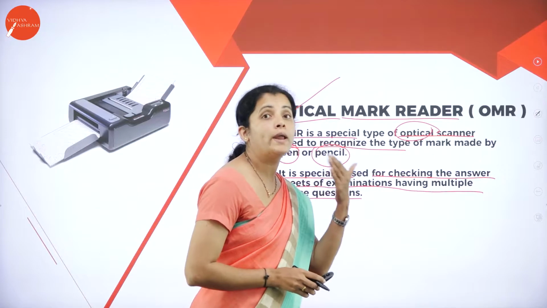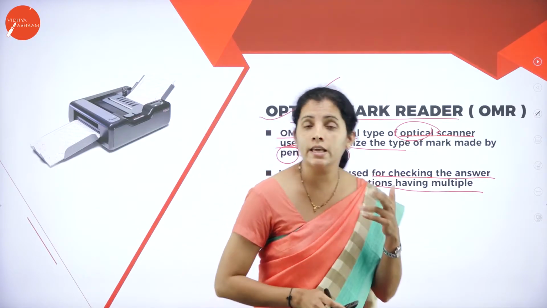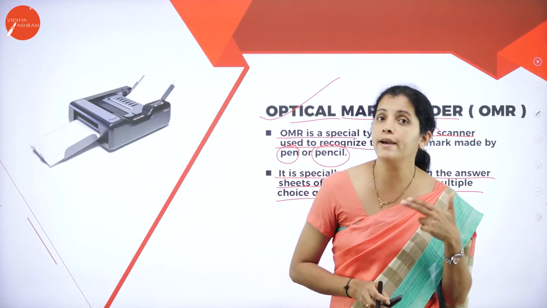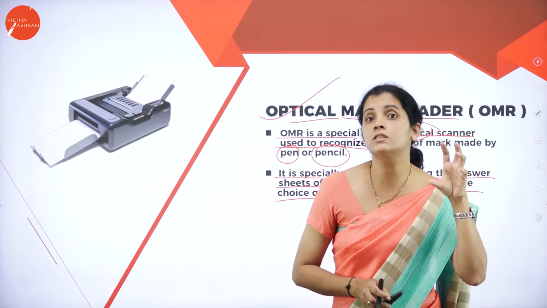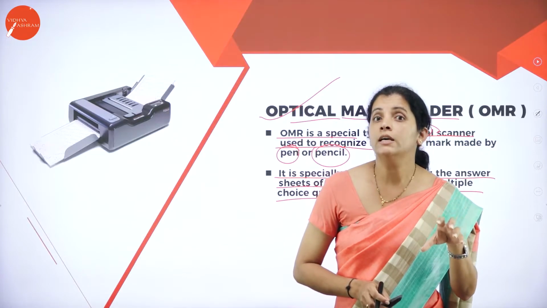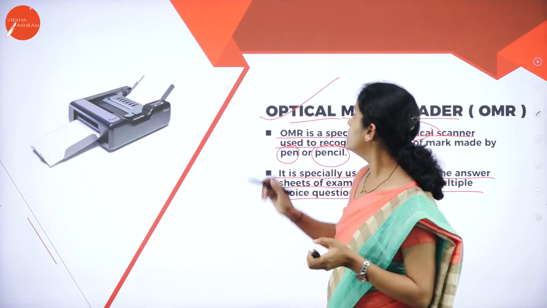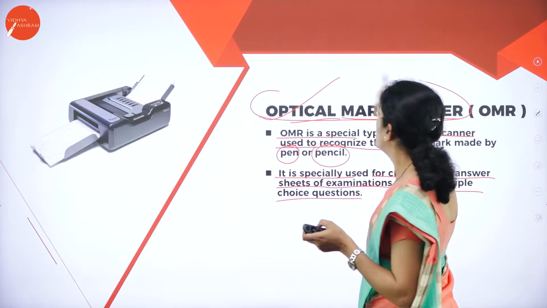That means whenever we are going to have the KCET exam or FDA or SDA exam, whatever the answer script we are going to have must be scanned with the help of OMR.